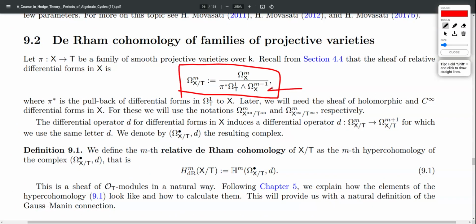These guys for us will be zero. And it turns out that we have a complex of relative differential forms. So when we have the complex, then we can define the relative algebraic de Rham cohomology in a similar way as in the non-relative case.